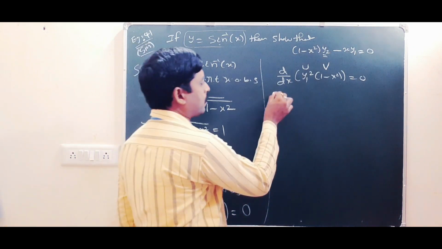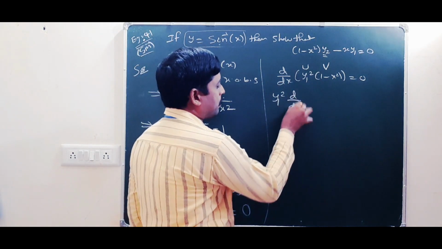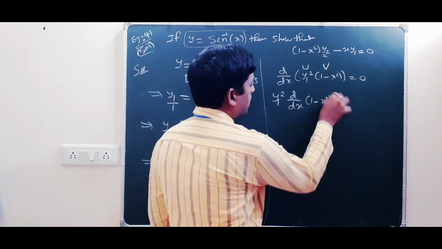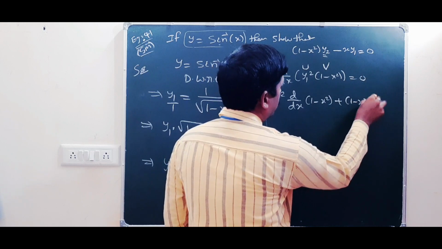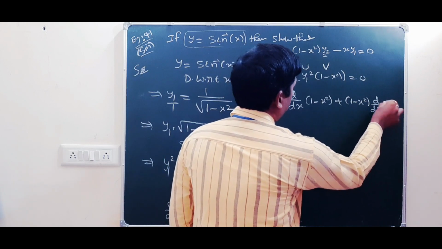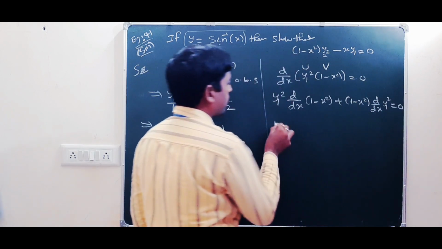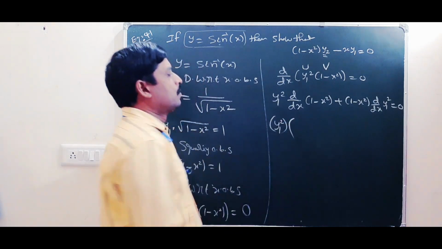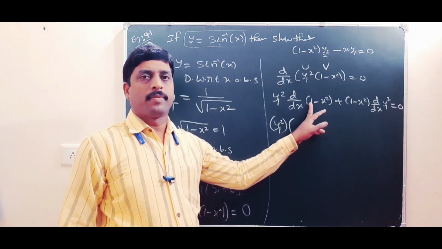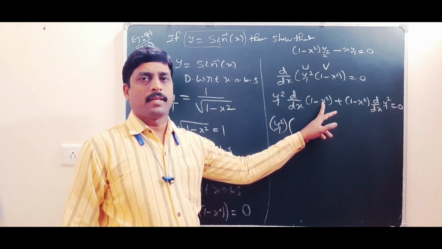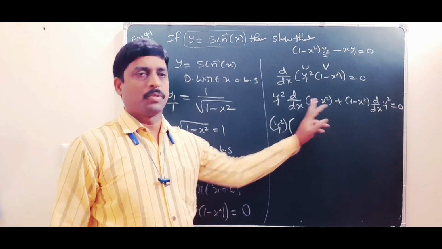Where u is y1 square, into d by dx of 1 minus x square, plus 1 minus x square into d by dx of y1 square equals 0. y1 square into differentiation of 1, which is 0, and differentiation of minus x square, which gives minus 2x.